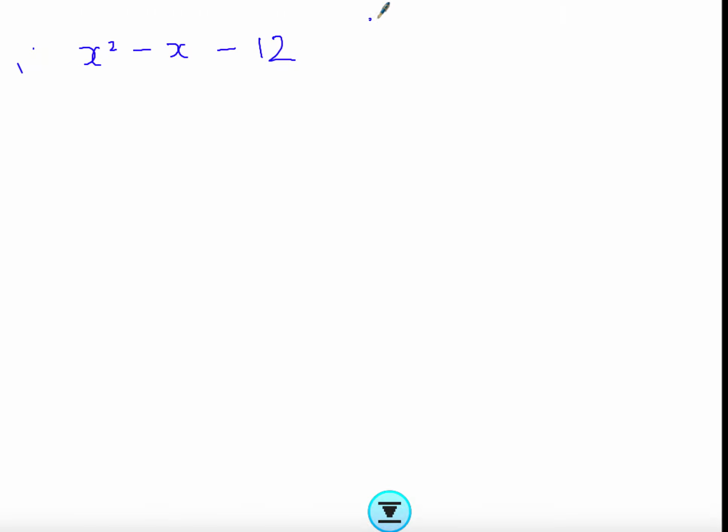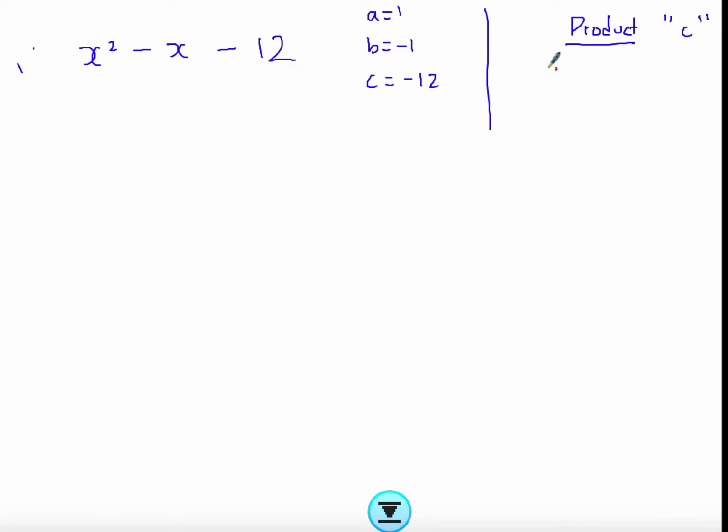Your a is equal to 1, your b is negative 1, just be careful here, and your c is negative 12. So again, we're going to go through a product that will give you the c. And if you ever forget, try to expand the brackets, and you'll notice the two numbers that you're going to pick are always going to multiply to give negative 12.